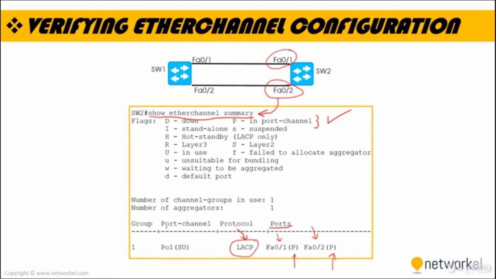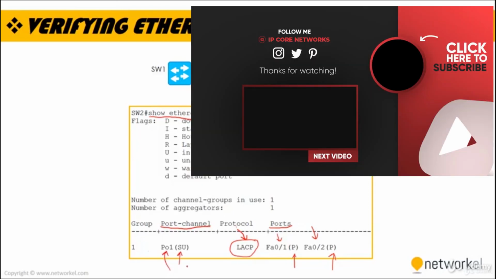And I'm seeing the port channel number, which is Po1, and I'm seeing an S and U. What do they mean? S means this channel is a layer 2 EtherChannel, and U means our EtherChannel is working fine, in use.